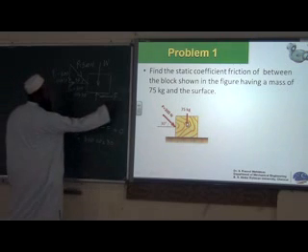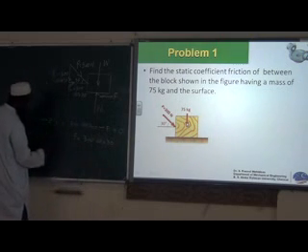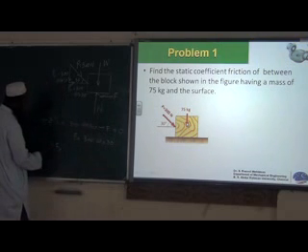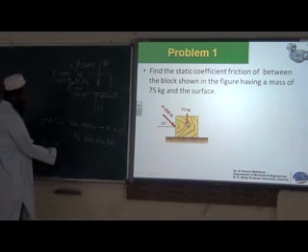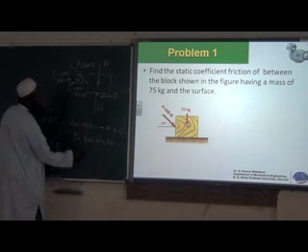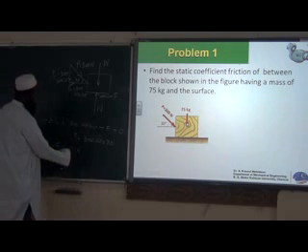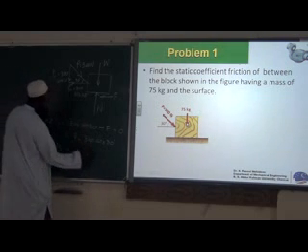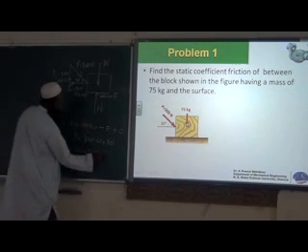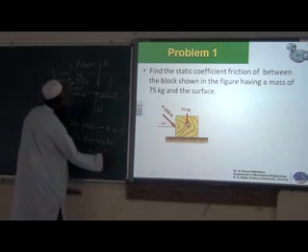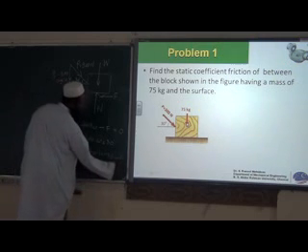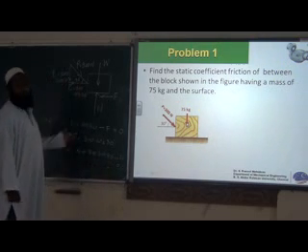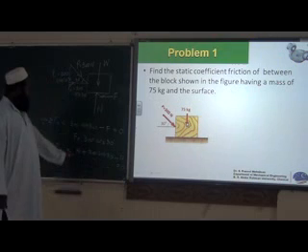So this is your F. Similarly, find out the normal. To find the normal, I have assumed all the downward forces positive. W plus 300 sin 30 minus N equals 0.